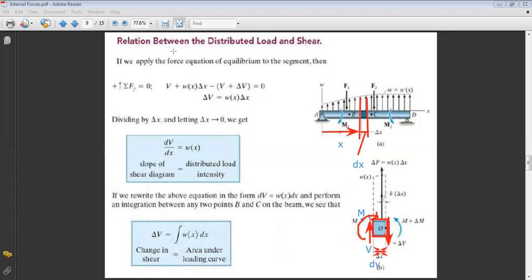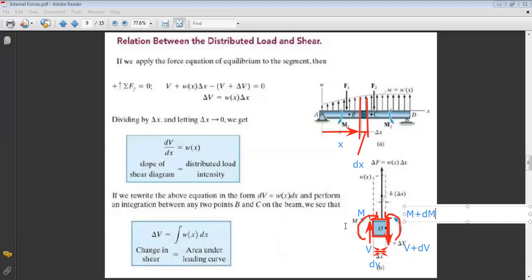And the couple should be counterclockwise to compress the upper part of the beam. And now, since I have a variation dx along the beam, I can say that V becomes V plus dV, and M becomes M plus an elementary variation dM.